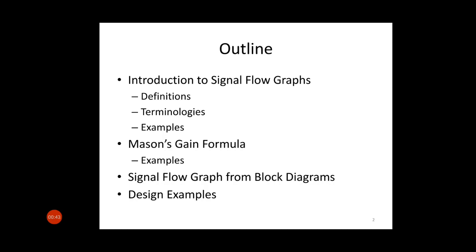After that, we will see how a signal flow graph will be obtained from a block diagram of a system, and after that we will solve some examples where we will obtain signal flow graph from block diagram, and after that we will find the transfer function of that system. So let's begin our discussion.